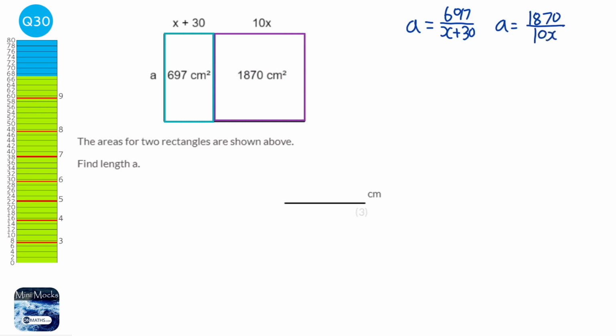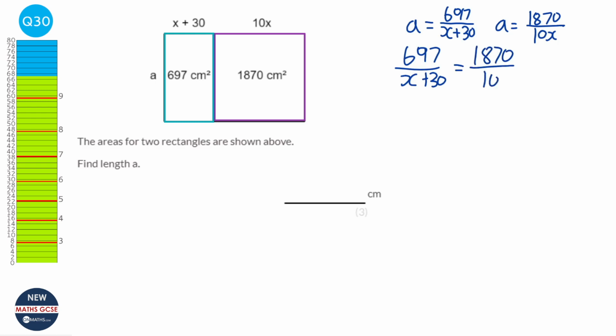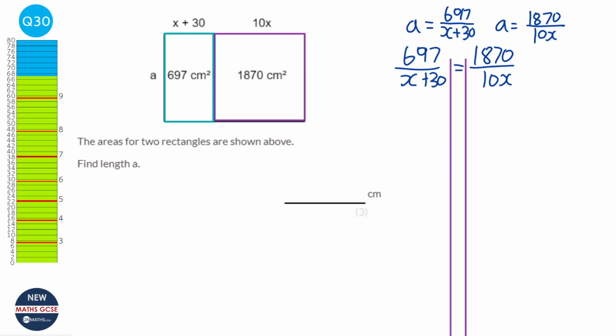Now because both of these are equal to A, we can actually just get both of these fractions equal to each other. And what we can do is work out what x is going to be. So the first thing I'm going to do is I'm going to put my lines in because we are looking to solve. This is probably going to take a while.